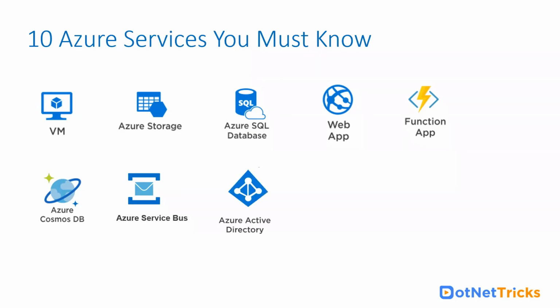Then we have Azure Active Directory. When it comes to managing one organization with multiple applications, and you want to implement single sign-on functionality, meaning using one credential you can access all the applications of the same organization. You experience the same thing in Google and Microsoft.